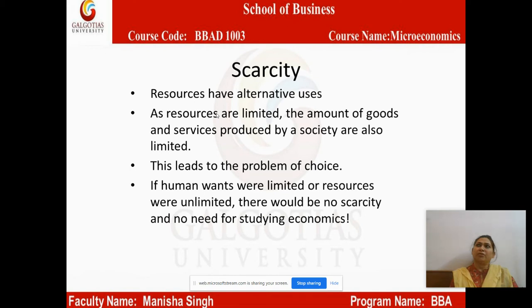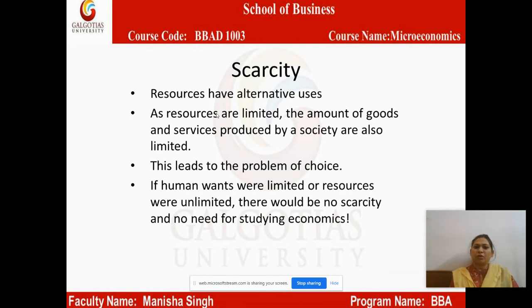Further, if we want to elaborate on scarcity, we should always remember that resources always have alternative uses. That means a single piece of land, for example, you can do multiple things on. It is not that you can only grow cotton or wheat on it. You can make a building on that, a school, a shop, or you can also grow agricultural products on that land.